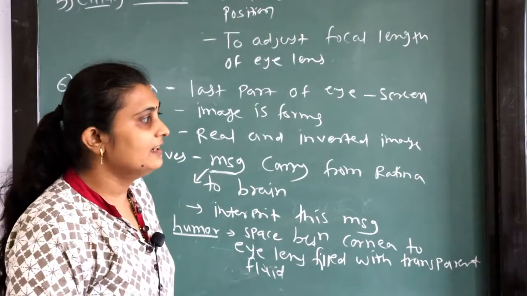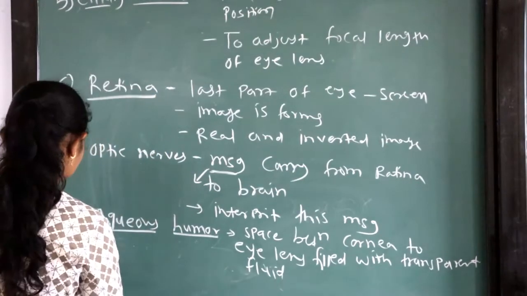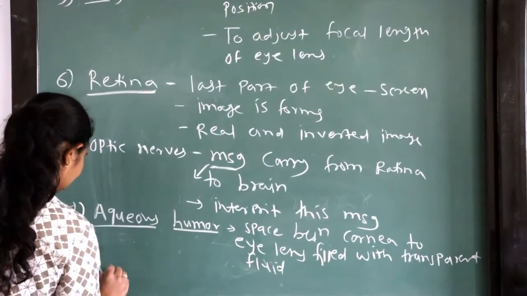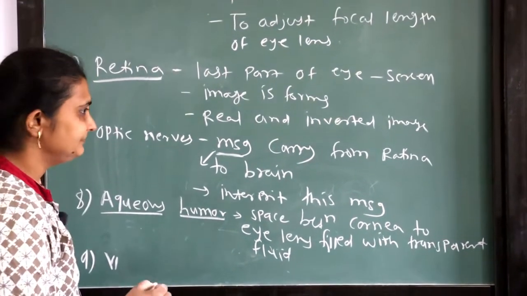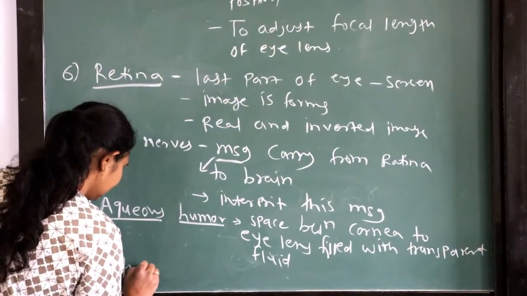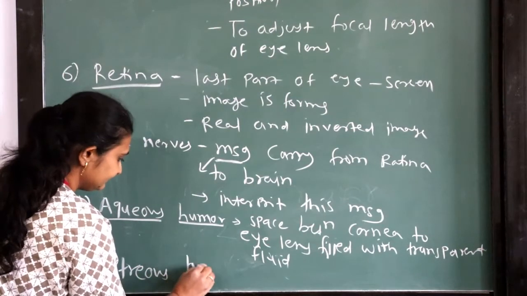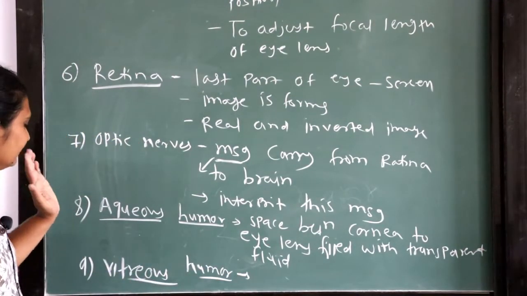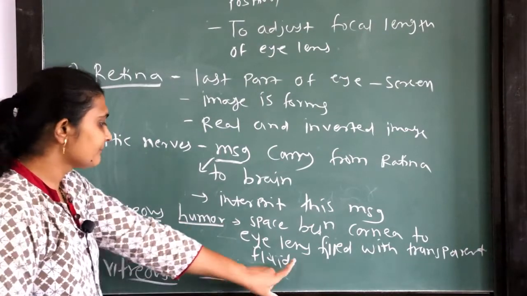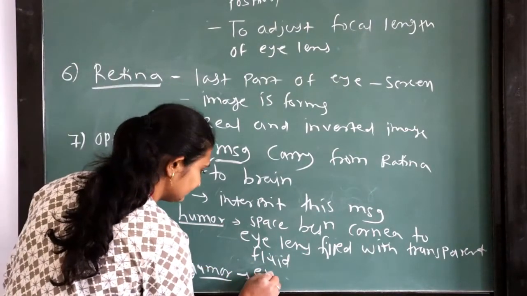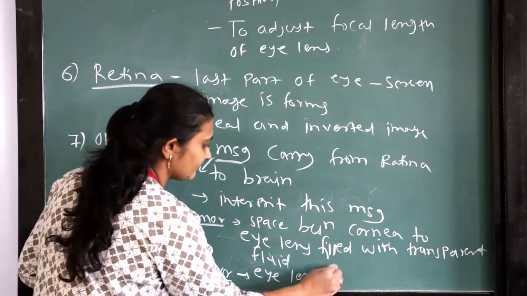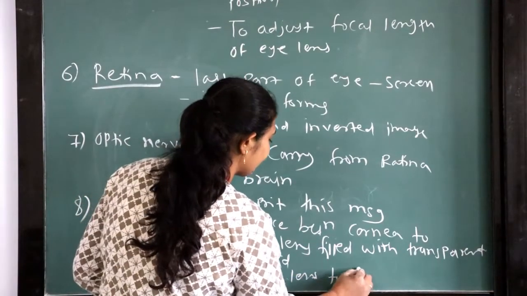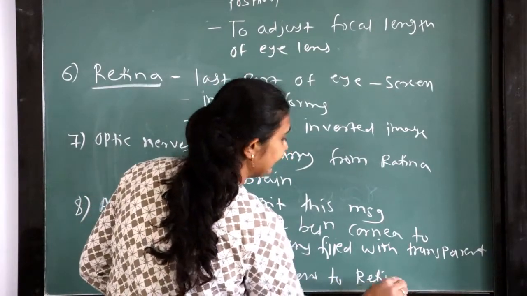And the last one is the vitreous humor. It is also a fluid. Now this vitreous humor is from the eye lens to the retina.